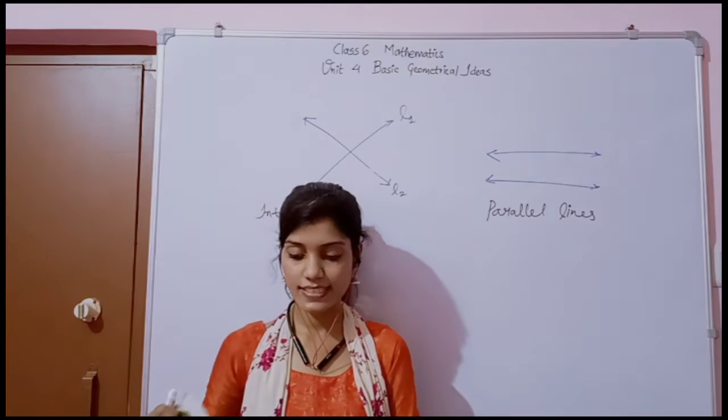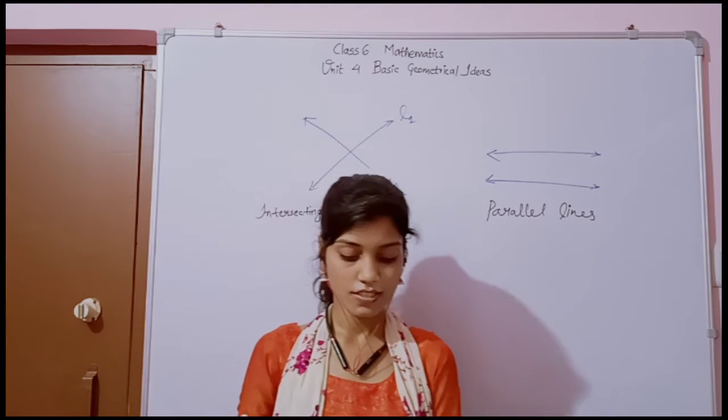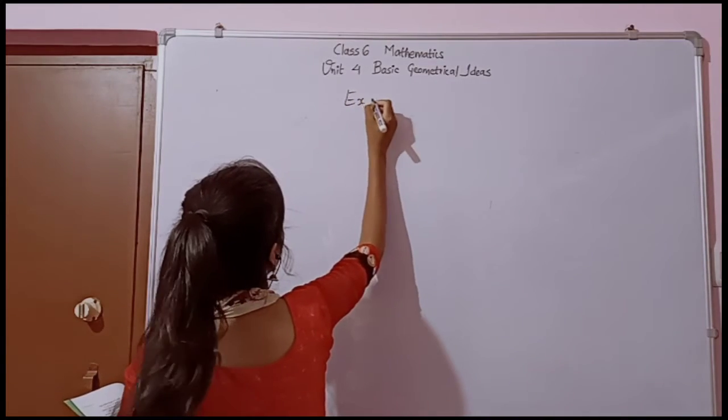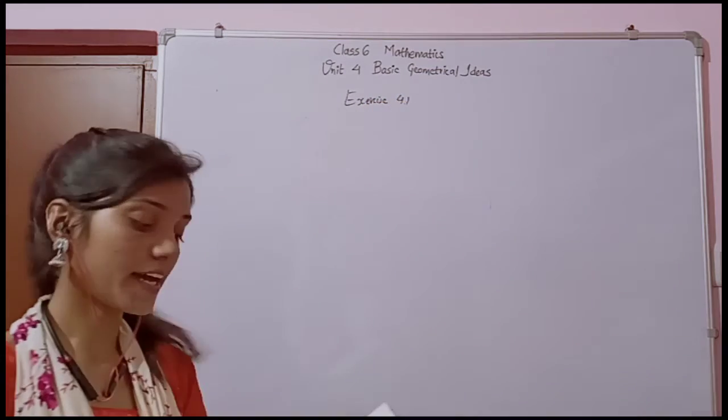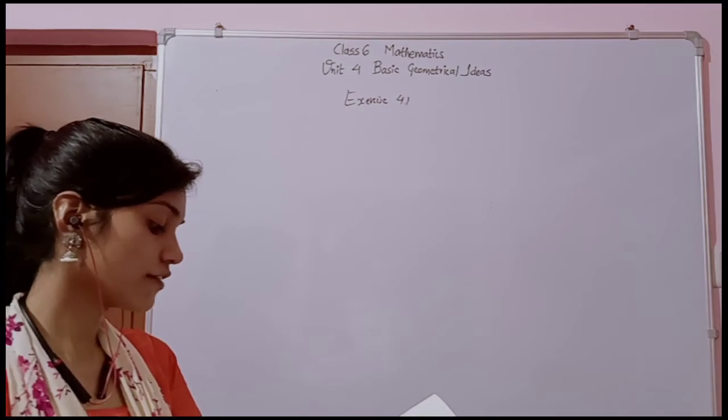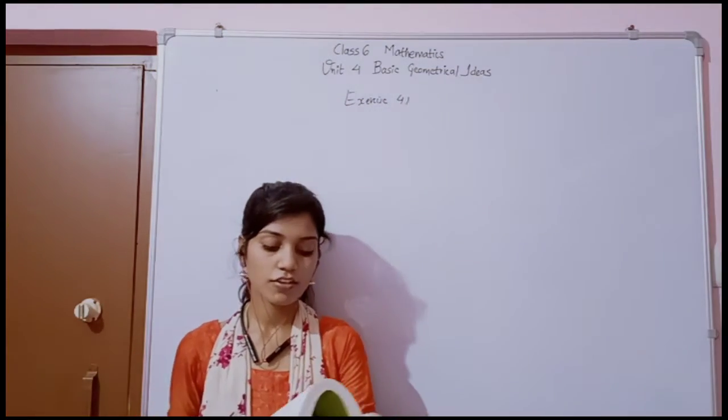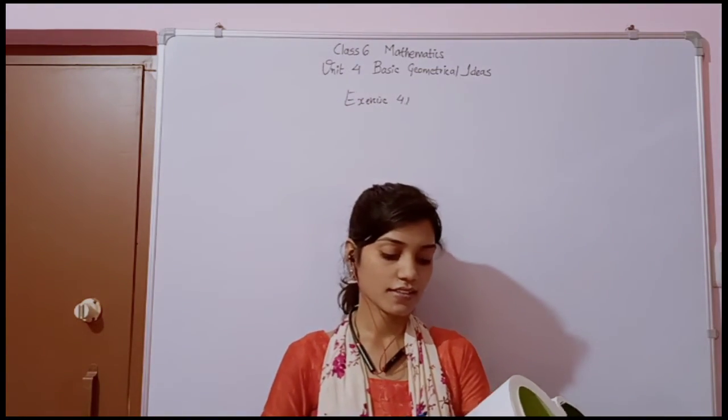Now let's quickly see exercise 4.1. In the first question, what is given? Use the figure to name. Now there is a figure given like this.